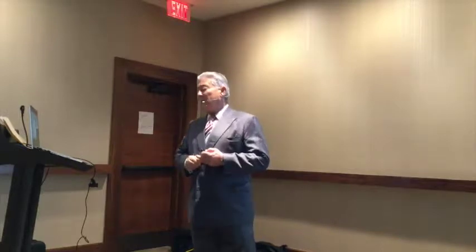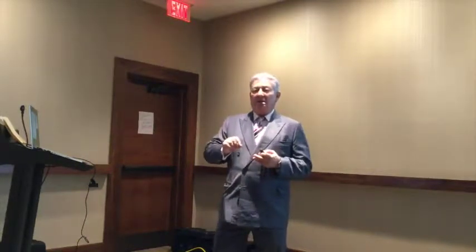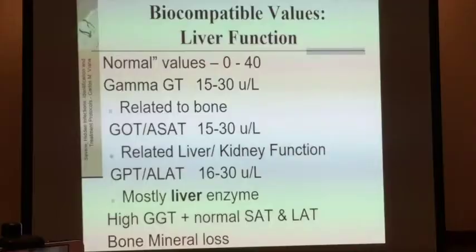AST is related to the liver, but it's also a kidney function. You're getting a real sense of what the kidneys are doing. And it is the ALT that is only liver specific. There's a little bit of ALT in the heart and the pancreas, but we really look at ALT from the perspective of what the liver is doing.